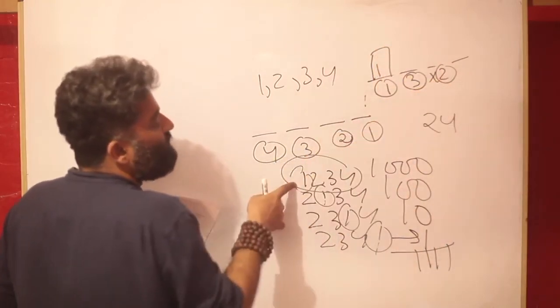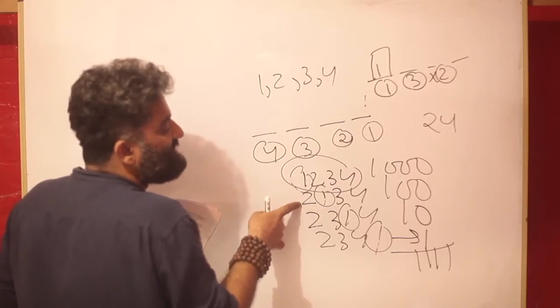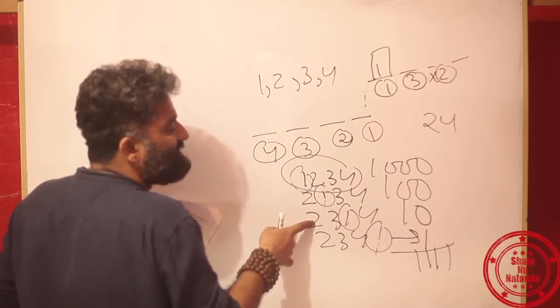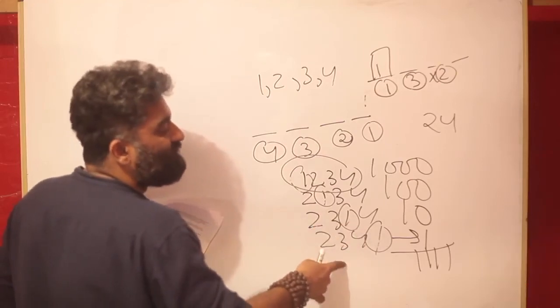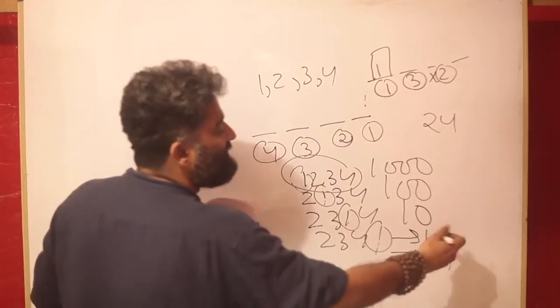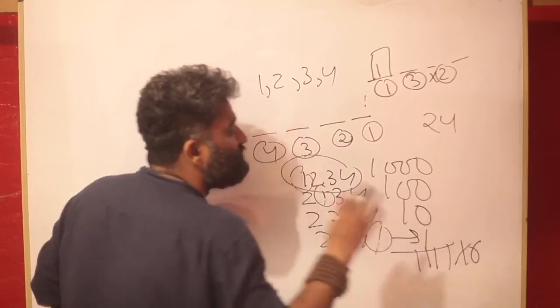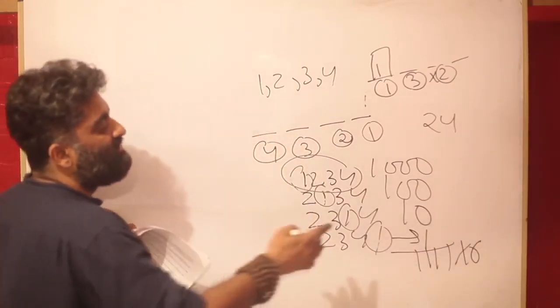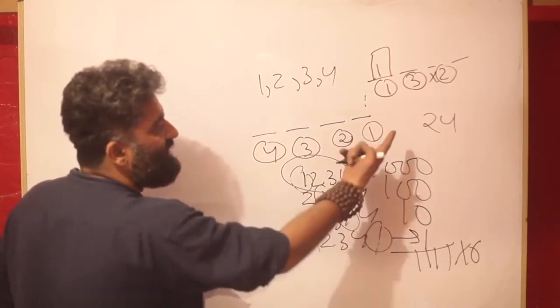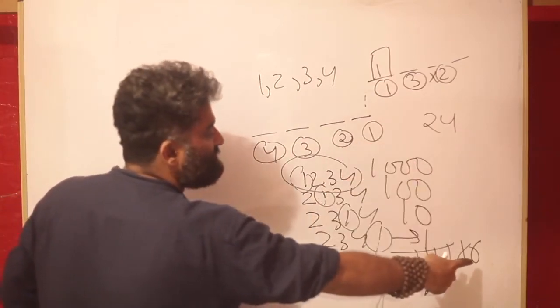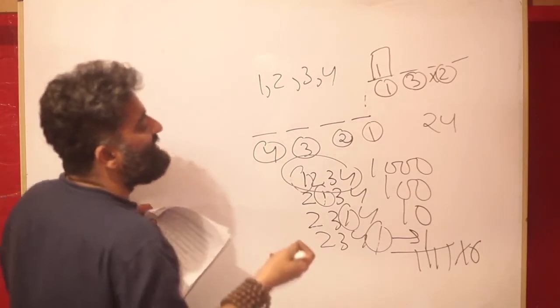So for this there would be 6 numbers, for this 6 numbers, for this 6 numbers with 1 at the tens position, and for this also 6 numbers. So this 1, 1, 1, 1 into 6 you should do. And why? Because this sum represented only 4 numbers and you have 24 numbers, so 6.